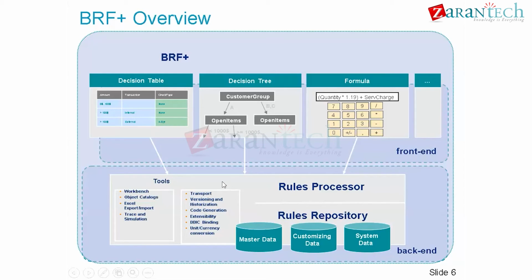Once your BRF Plus application is activated, you can go to the trace and simulation, and before going for trace and simulation, one option is also there, code generation. You can directly click on code generation. It will generate a pop-up window. Tomorrow, in our next sessions, we will see how we can leverage that functionality.